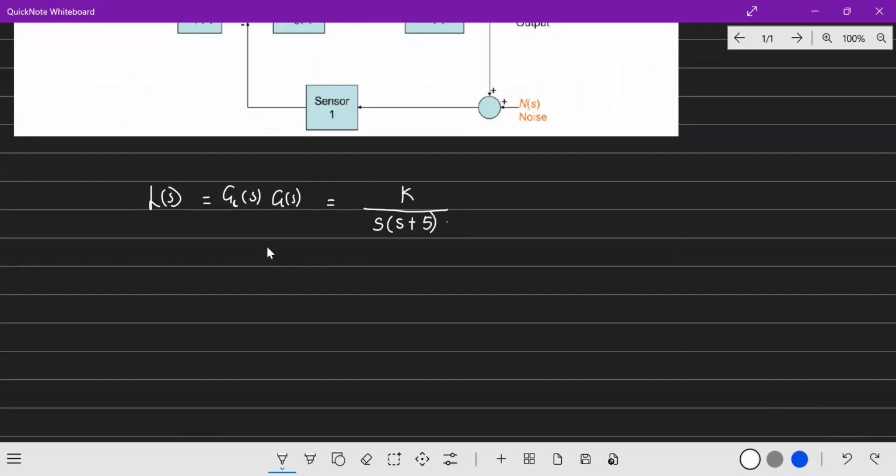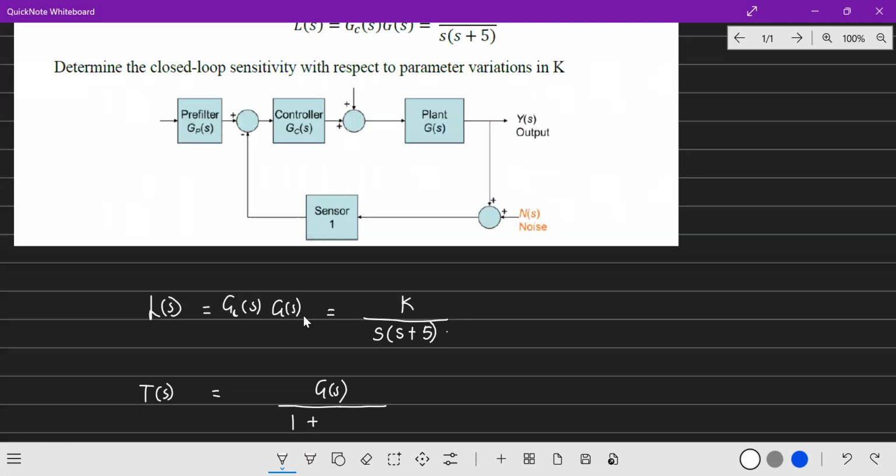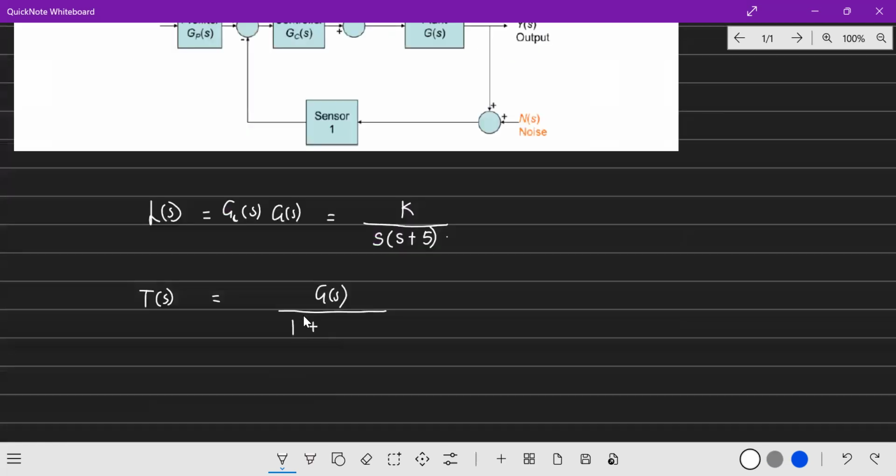Now, first of all, let's find the closed loop transfer function. Remember that generally it is simply the forward path gain, or the open loop gain, over 1 plus the loop gain. This is negative feedback, so I'm going to put a plus. The sensor is a unit feedback with a gain of 1.